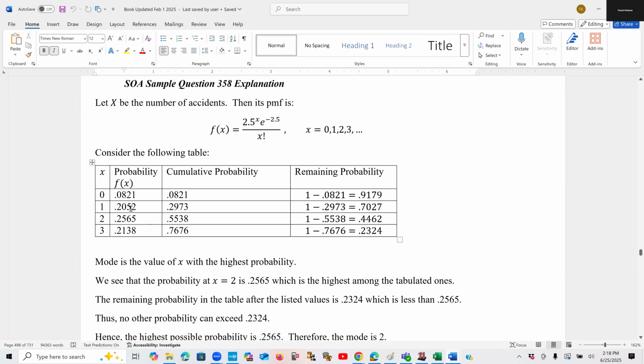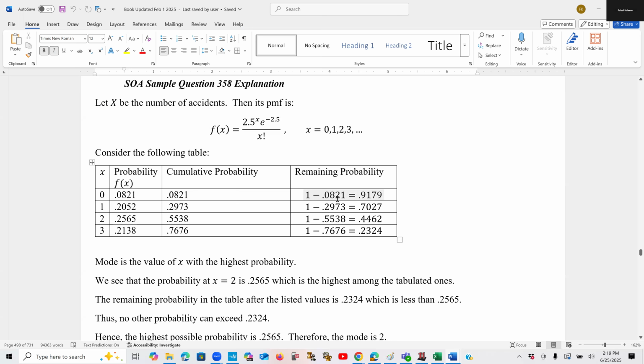So we have the various probabilities tabulated here for x is equal to 0. We'll substitute here, it's 0.0821. So cumulative probability is also 0.0821. And that means that the remaining probability at this point is 1 minus 0.0821, which is 0.9179.